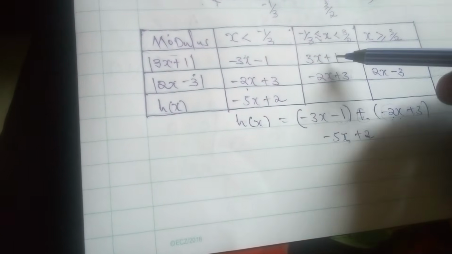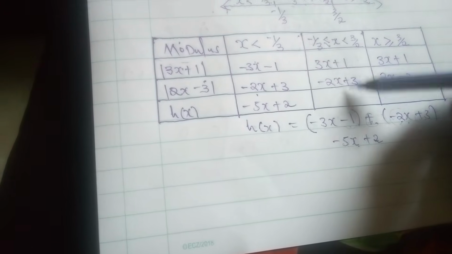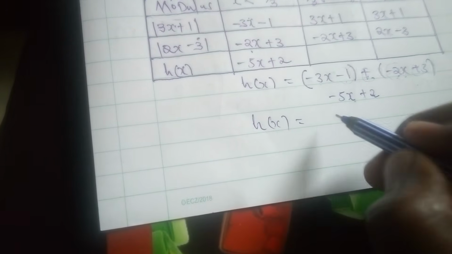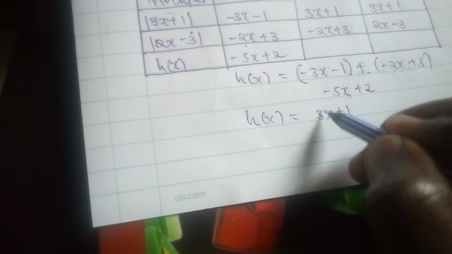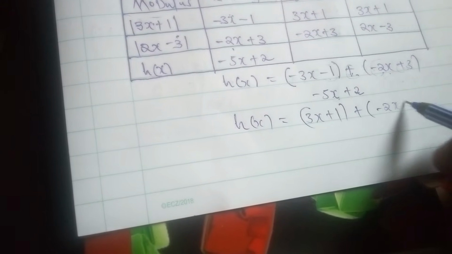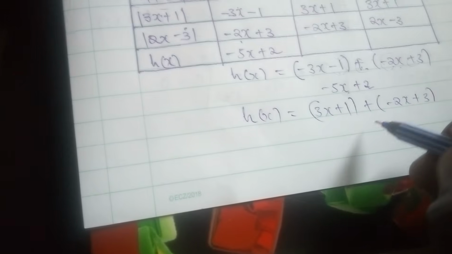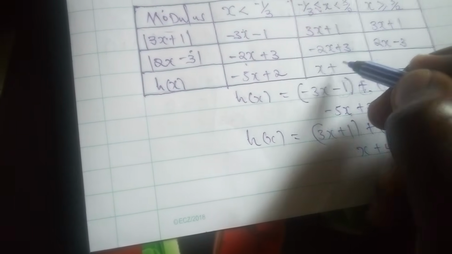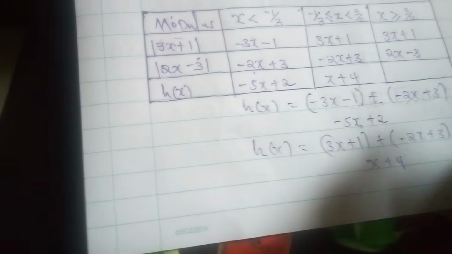So from there you also add those two columns, that is h of x is equals to 3x plus 1 plus negative 2x plus 3. So when you simplify these things, you are going to get x plus 4. So you write x plus 4 there.